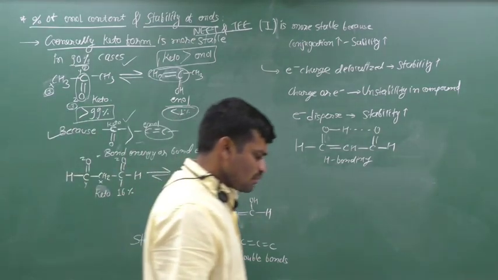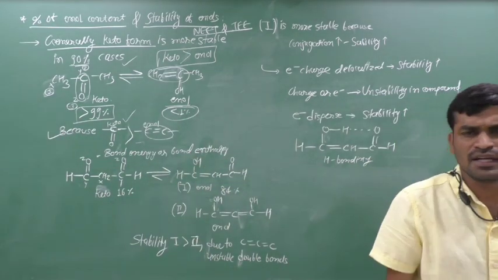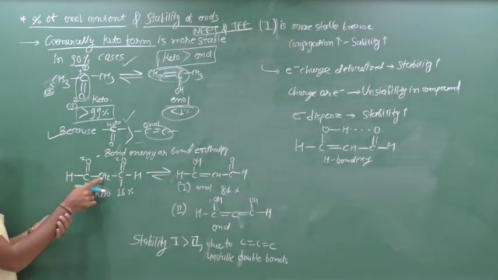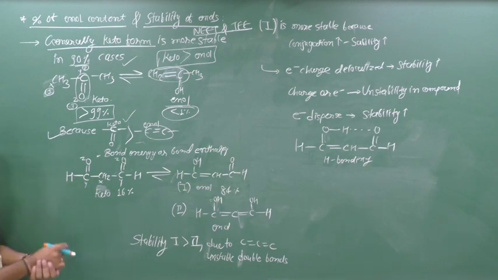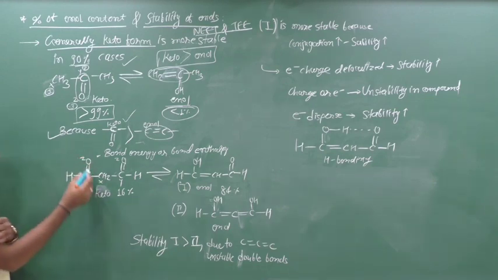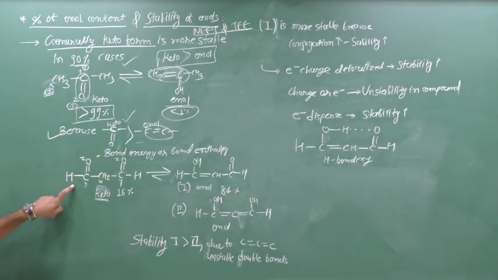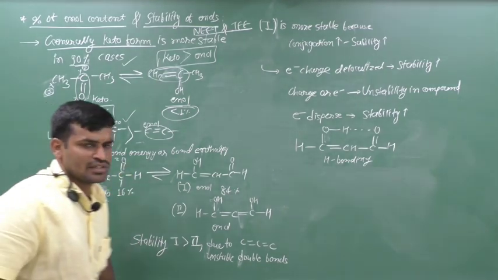Suppose we have a compound like H C double bond O CH2 C double bond O H, with positions Z, Y, X marked. This is the keto form. If you draw the enol form of this compound, there are two possibilities.